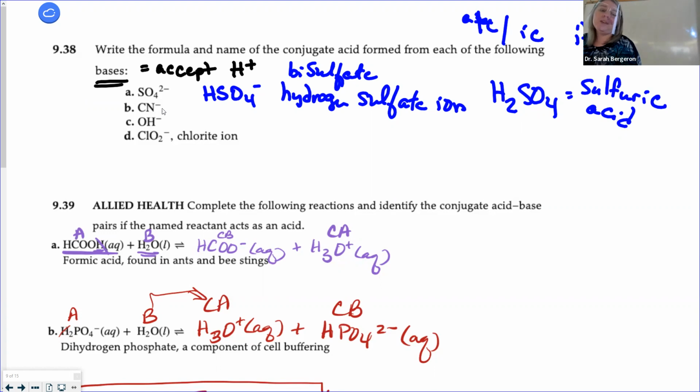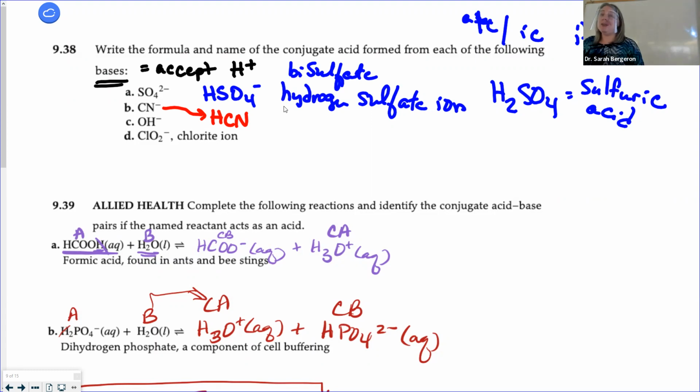Okay. CN-. What do I do to make that a conjugate acid? Add a hydrogen. What's my charge? No charge, right? Because I had a negative and I picked up a positive, and a positive plus a negative is 0, right?